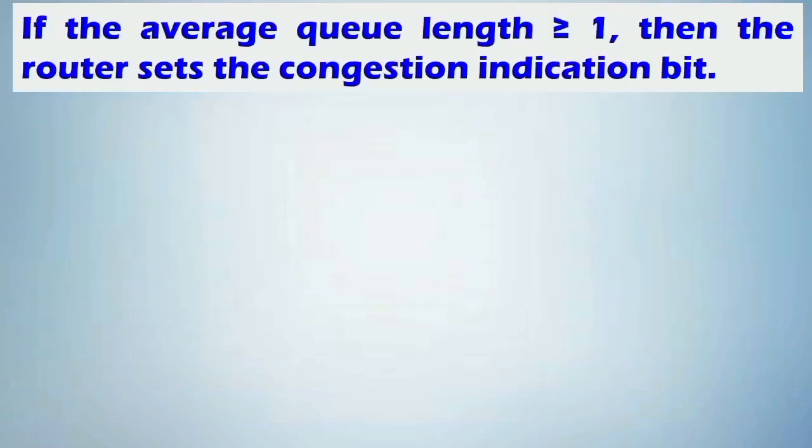Furthermore, if the average queue length is greater than or equal to 1, then the router sets the congestion indication bit.